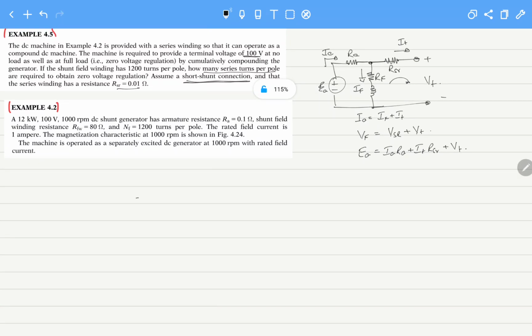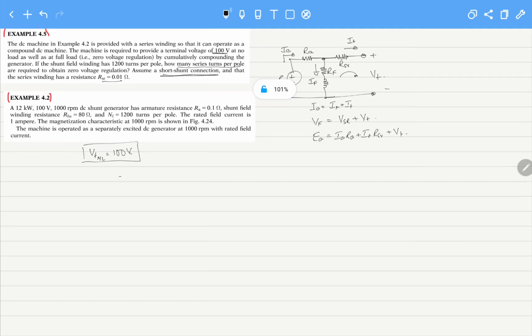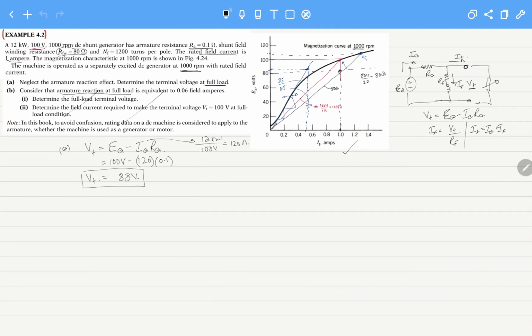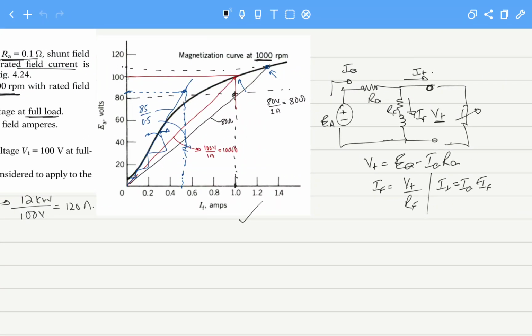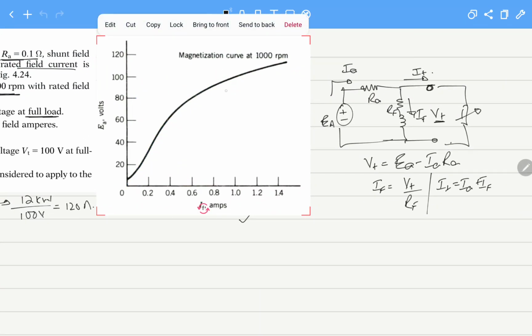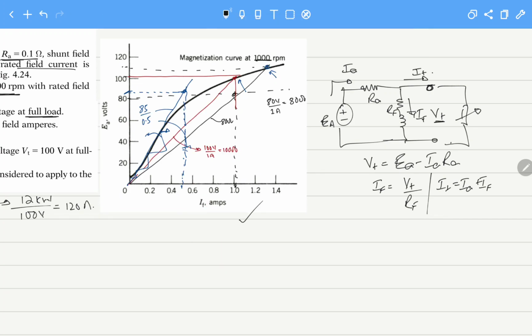Now for this question we know that VT at no load is 100 volts. We require 100 volts, and we have seen in the previous example that this was the curve to achieve the 100 volts.